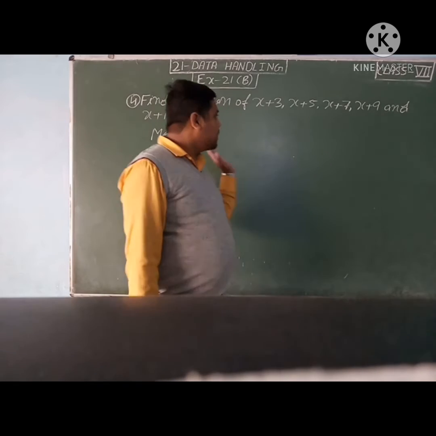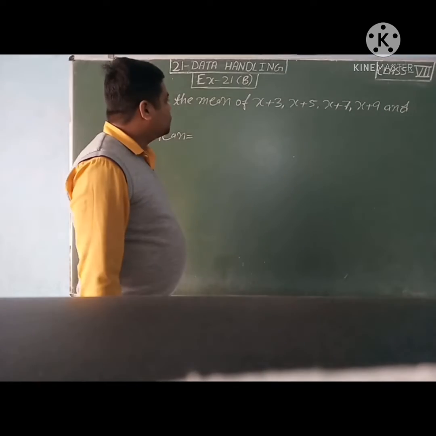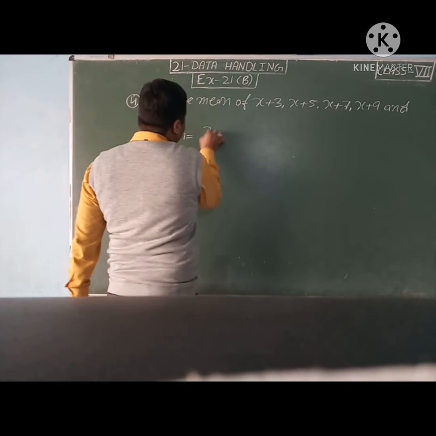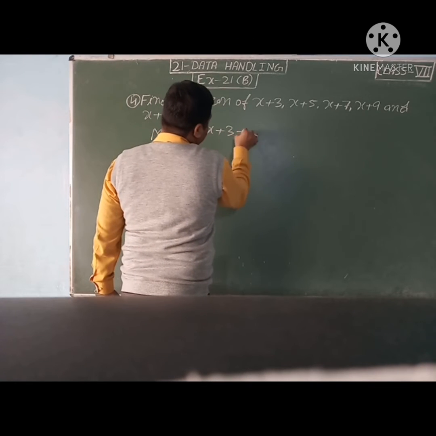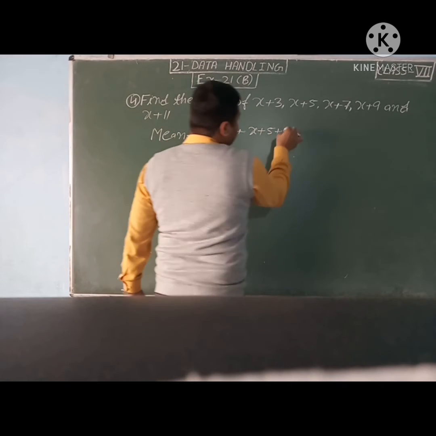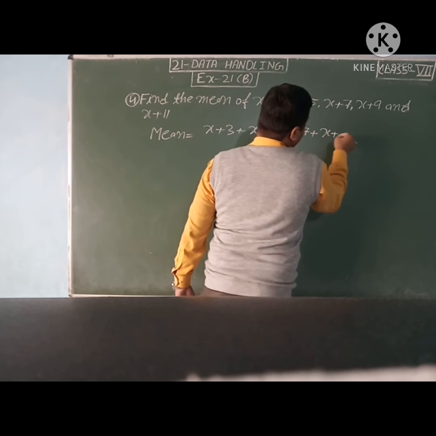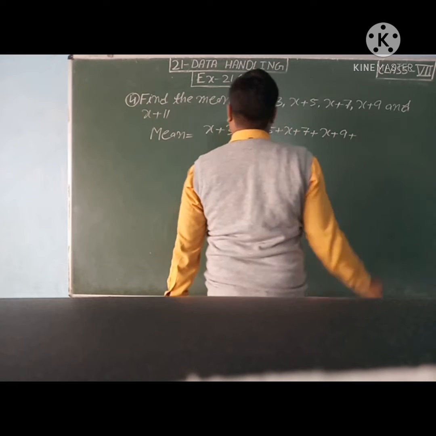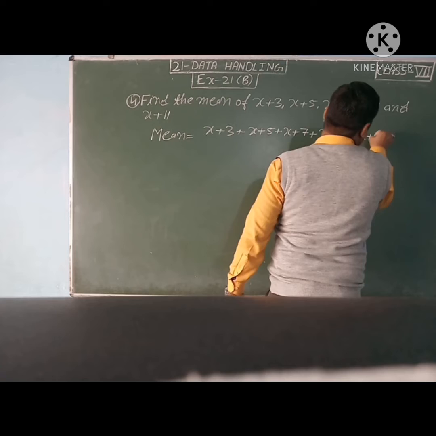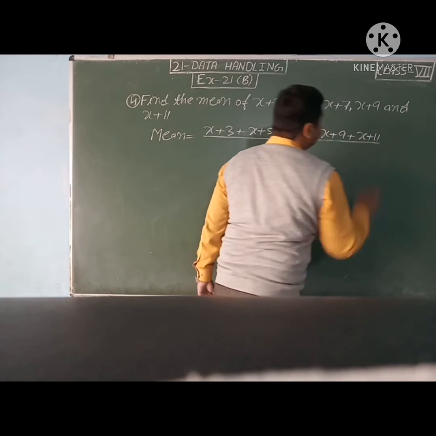I am writing the values directly. So the sum of all observations are x plus 3 plus x plus 5 plus x plus 7 plus x plus 9 plus x plus 11 upon the number of observations.